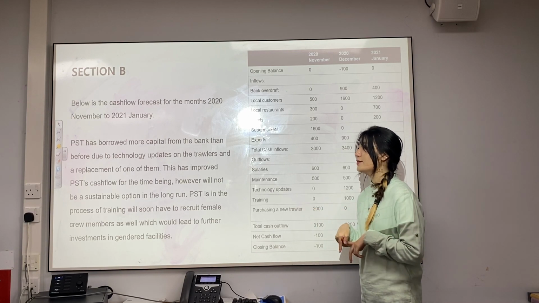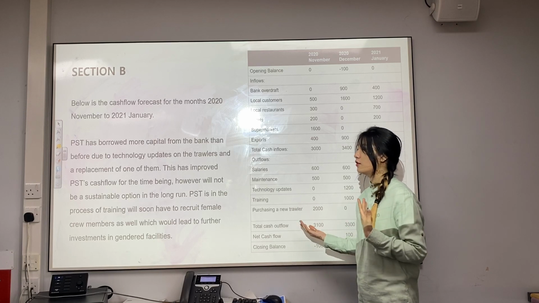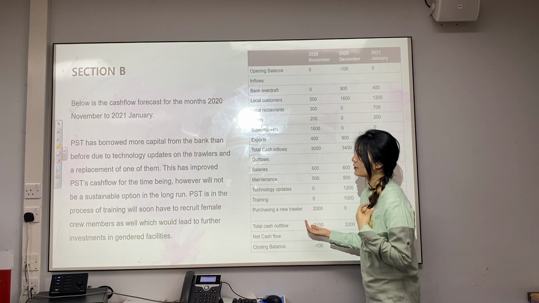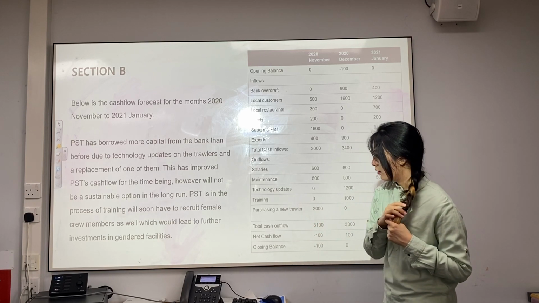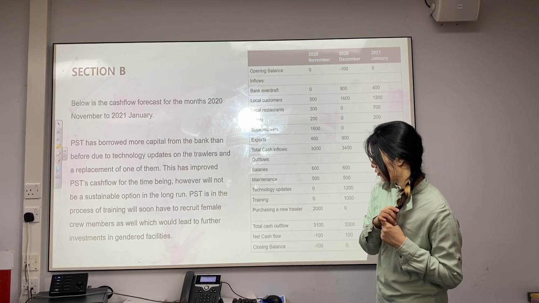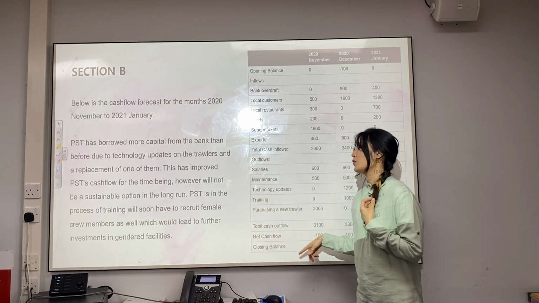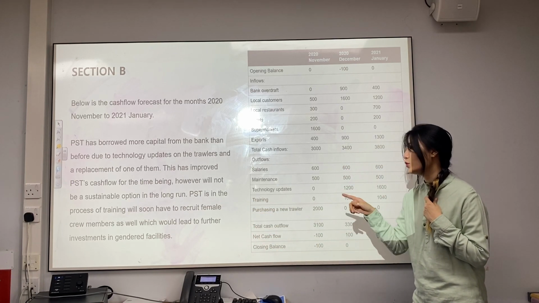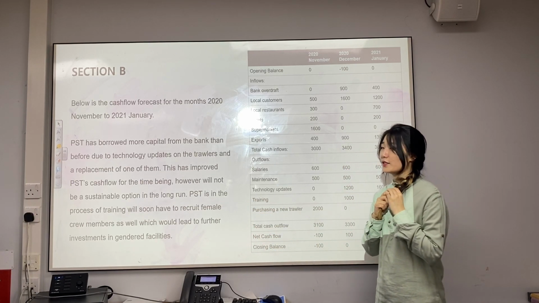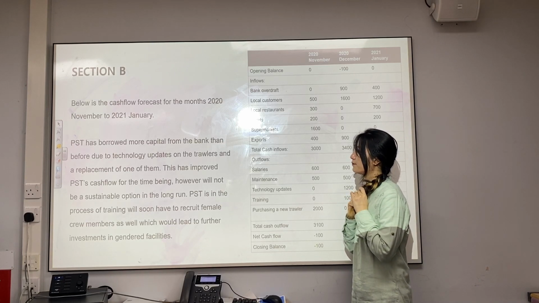However, it will not be a sustainable option in the long run. PST is in the process of training because they will soon have to recruit new female members, which would lead to further investments in gender facilities.